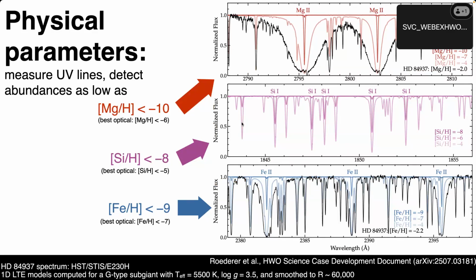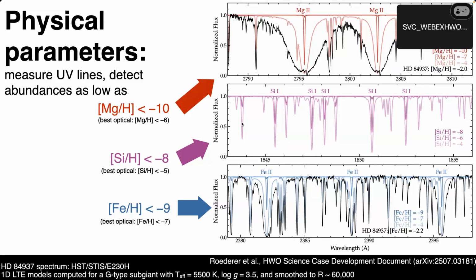The lines with different colors in each panel here represent 1D LTE model spectra for much lower metallicities. And this is what you should notice in the figure. For the top curve in each panel, that's the one with the lowest metal abundance in each panel, those lines are still detectable.